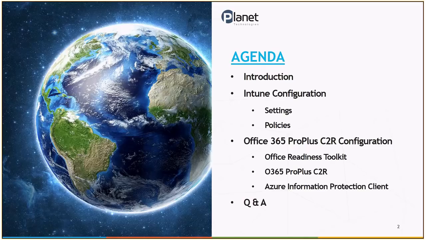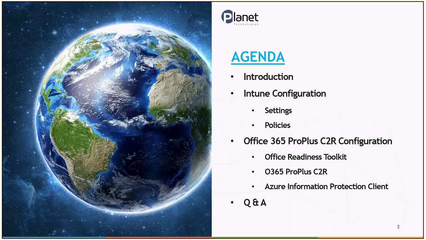I'll show you what the different types of policies that can be configured and what you can do with the tool. And then we'll go into the Office 365 part of it, where we talk about O365 Pro Plus and how it's been configured and set up. There's a few subcomponents of that, and that is the Office Readiness Toolkit, which is more of a preparatory tool to prepare to deploy Office 365.